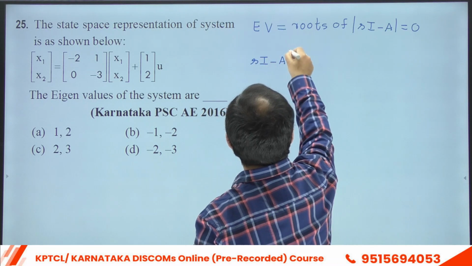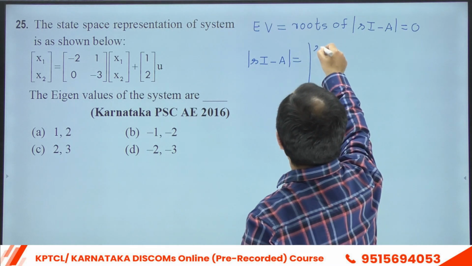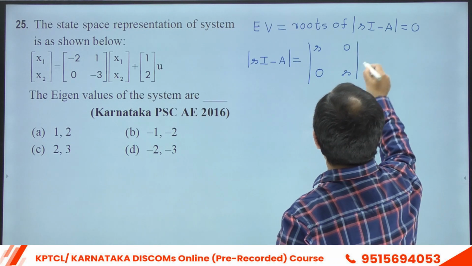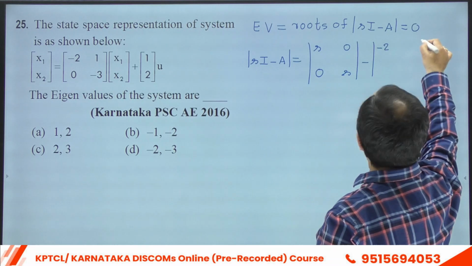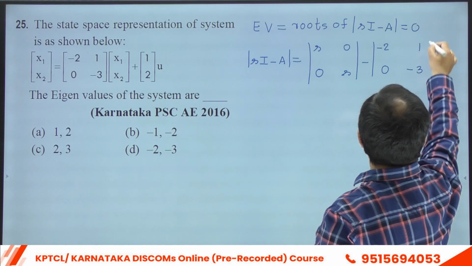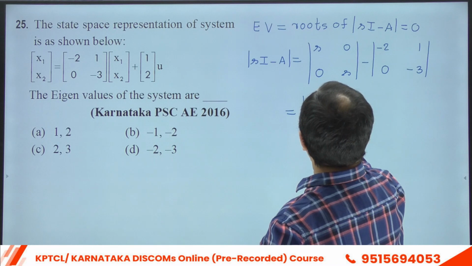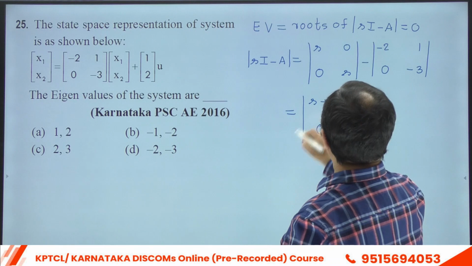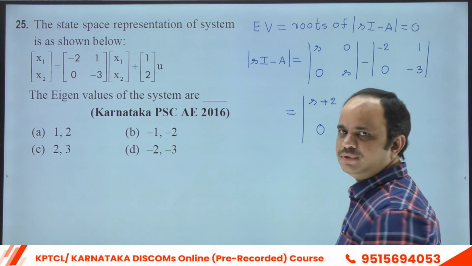sI minus A is equal to, how can I write, [s 0; 0 s] minus A [-2 1; 0 -3]. So this will give you [s+2 -1; 0 s+3]. Okay.